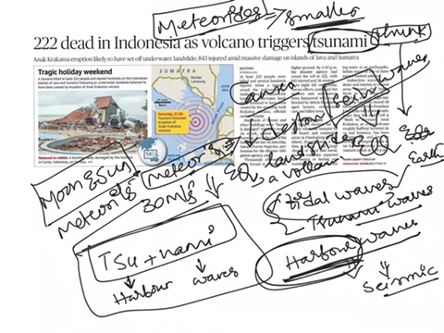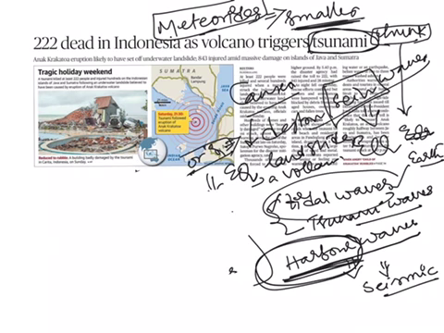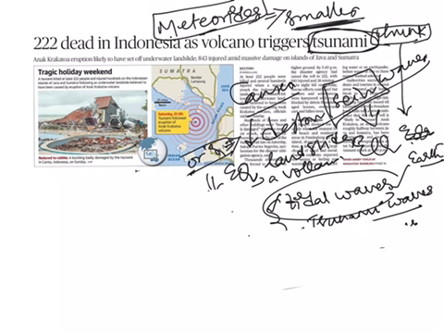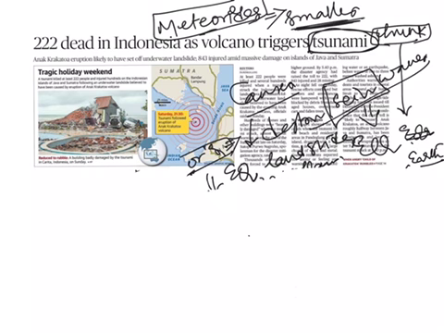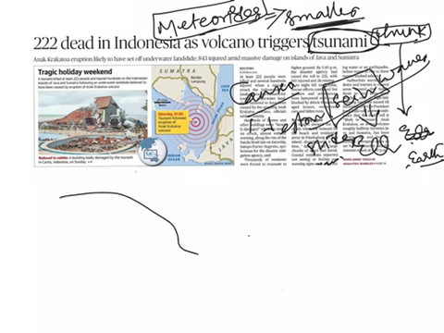Now we'll see the mechanism of a tsunami, why it reaches that much height when it comes towards the continental shelf or shoreline. See, this is the ocean bed.